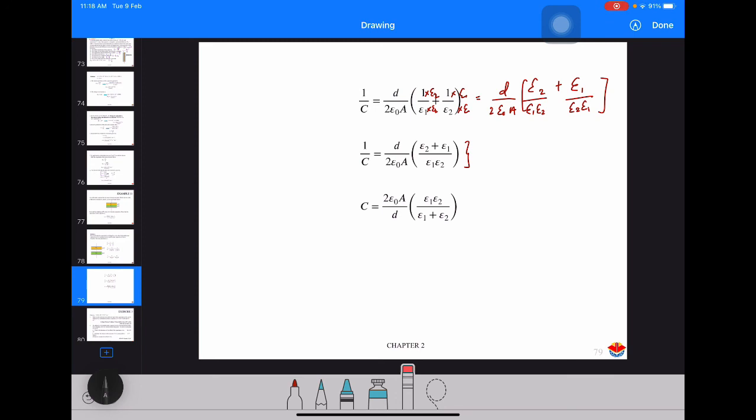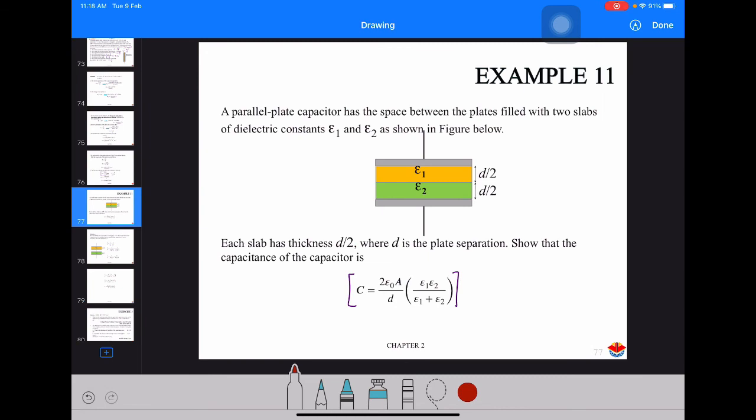And then I just have to flip it, because this one is 1 over C. Just put it as 1 over something, or to the power of minus 1. So if I invert that one, I get this one, everything flips. So I end up like that, exactly like the question gives.